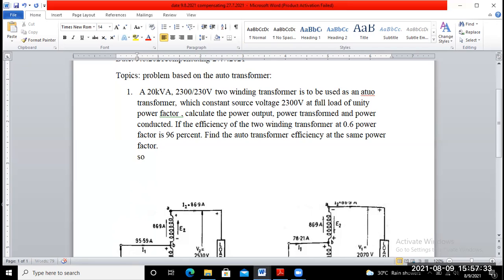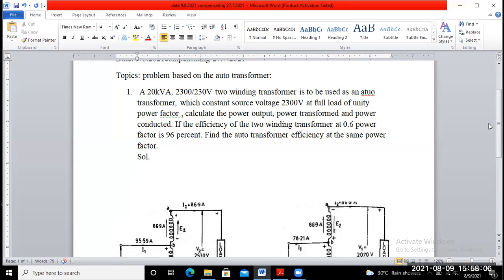The source voltage is fixed at 2300 volt, and the question is how you connect the LV winding, that means 230 volt. This consists of two ways of connection, so let's consider them one by one.